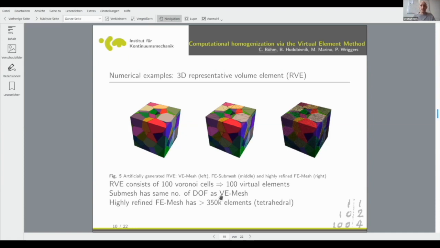This is then VEM Voronoi for us, and we compare this with the computation of these results on the submesh via a finite element approach, also linear element approach, or we can also go higher order element approach, where you then have not only 4 nodes per tetrahedron, but 10 nodes and more integration points, respectively. And we compare that also to the solution of this highly refined FE mesh of the RVE.